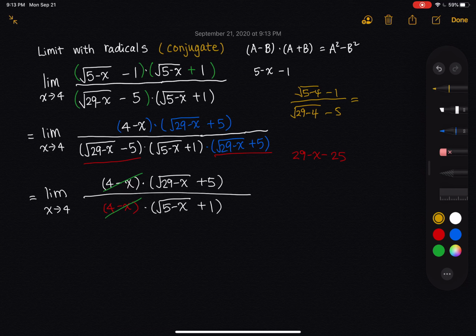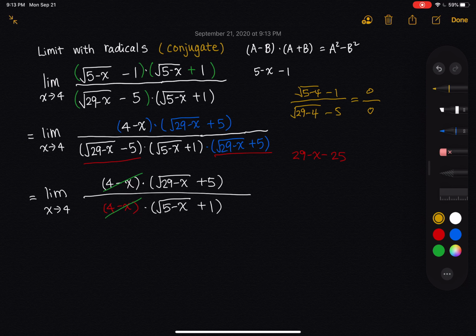On the top, you have square root of 1 minus 1, which is 0. In the bottom, 29 minus 4 is 25, square root of 25 is 5, and 5 minus 5 is 0. You have 0 over 0, which is indeterminate. Sometimes it's 0, sometimes it's infinity, and sometimes it's a constant. So when we have this kind of situation, we have to transform the limit.